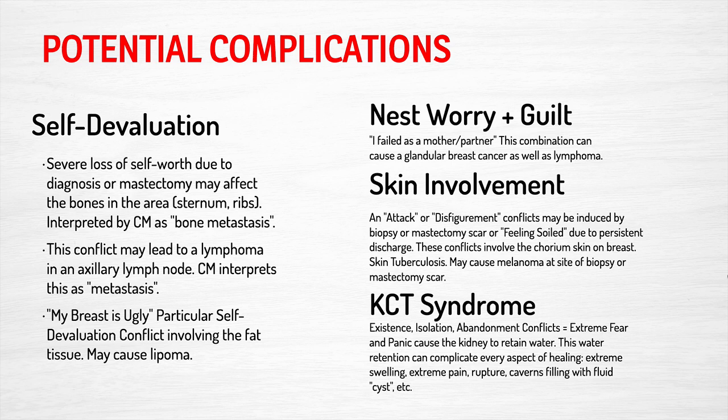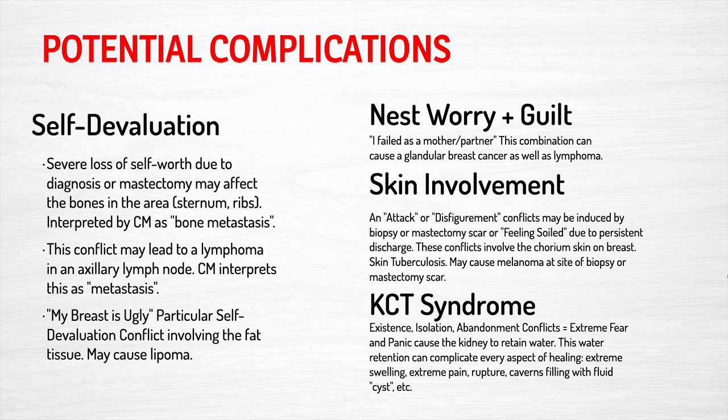Now, it may affect the bones, it could affect the lymph, it may affect the fat tissue surrounding the breast itself, and these are all different conflict programs. And so they are all things that I will do in-depth presentations on: what the bones do when you have a self-devaluation conflict, what the lymph is doing in causing something like a lymphoma, what the fat cells are doing. And so those are all very specific types of self-devaluation and how the body interprets it.